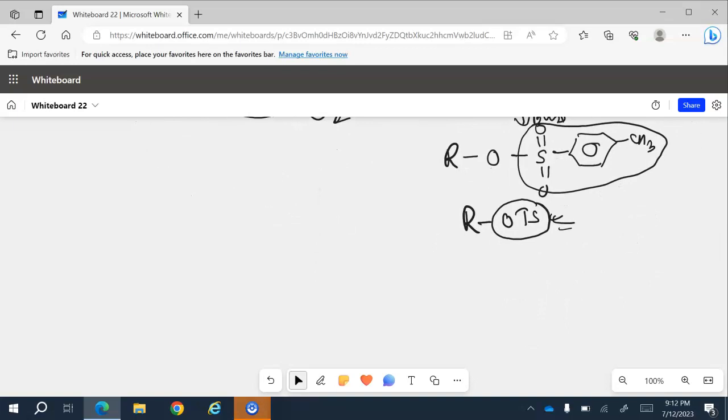So basically, say for example, let's go to our original work here. You have OH, this is the alcohol. You can say primary, secondary, or tertiary alcohol. Now, whenever you react with either TsCl, again, remember the structure of TsCl, or you can even use TsOH also.